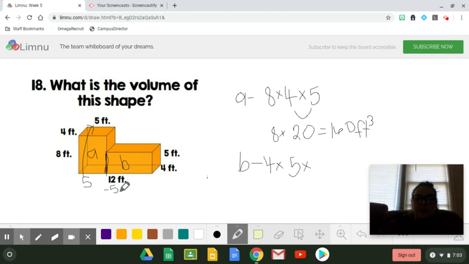So I would subtract 5 feet and figure out that that is 7 feet. So this right here, this length is 7 feet. Oop, that is an ugly F.